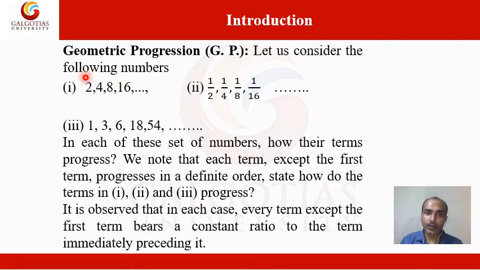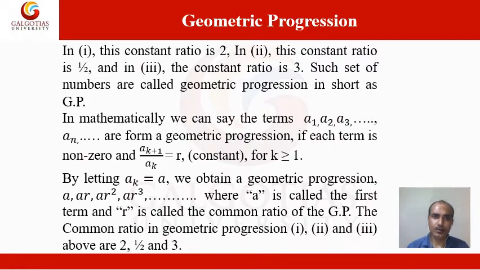So, this list of numbers represents a geometric progression. In the first case, this constant ratio is 2. In the second case, the constant ratio is 1 by 2, and in the third case, the constant ratio is 3. Such sets of numbers are called geometric progression, in short GP.